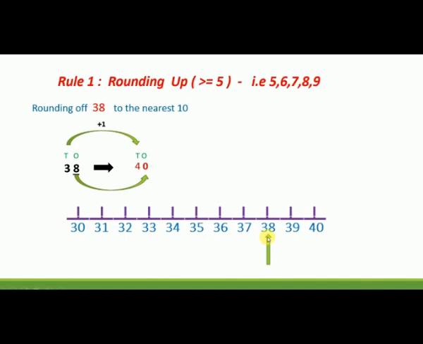Is it nearby 30 or 40? I repeat, is the given number 38 nearby 30 or nearby 40? Yes, number 38 is nearby 40. So the nearest 10 for the number 38 is 40.